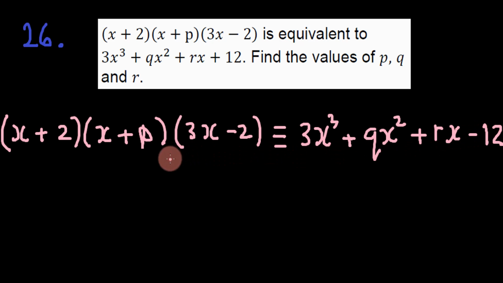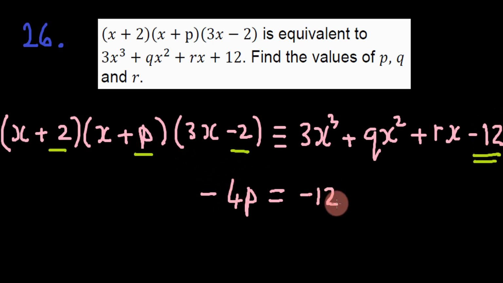So the key here is to multiply out the constants on the left-hand side and make it equal to the constant on the right-hand side. So we're going to multiply 2 by P and then by -2. So 2 times P is 2P times -2 is -4P. And this is the constant on the left-hand side, so it must equal the constant on the right-hand side.